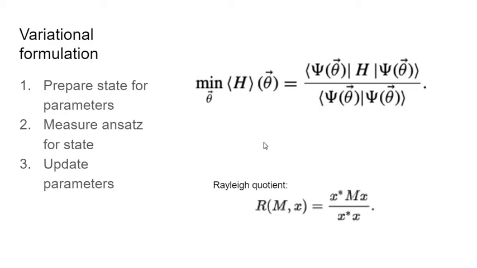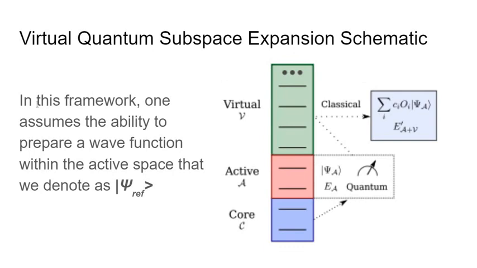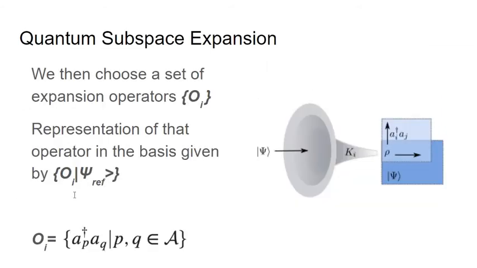Using a classical computer, you optimize the parameters of this projection of the Hamiltonian on a parameterized ansatz, which is measured on the quantum computer repeated times. You assume, for all these three techniques we are talking about, that you can prepare a wave function, which is this parameterized ansatz in the active space that represents your guess of the ground state.